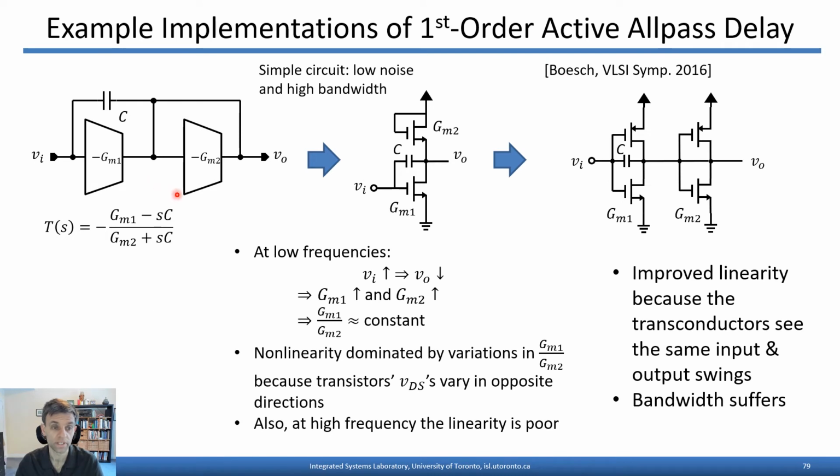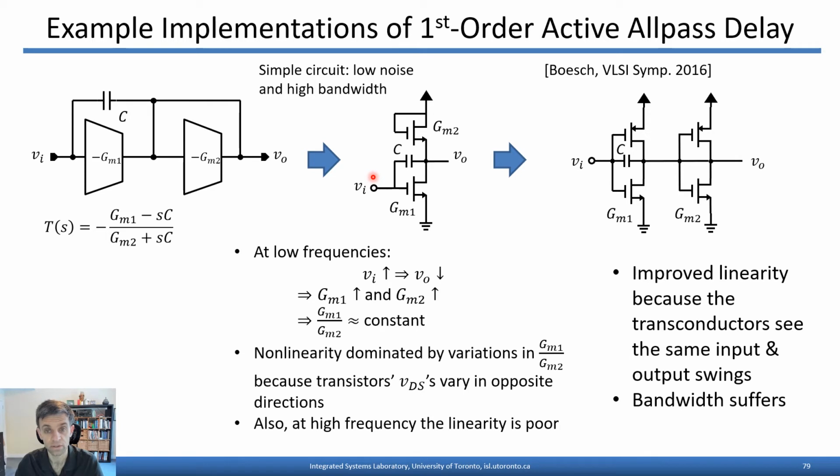So those are a couple different ways to implement this GMC first order all-pass active delay circuit. One is simply using NMOS transistors as the constituent transconductors. This common source transistor is serving as GM1, and this diode connected transistor up here is serving as GM2. You can see the cancellation of the nonlinearity if you think about what happens as the input voltage Vi increases.